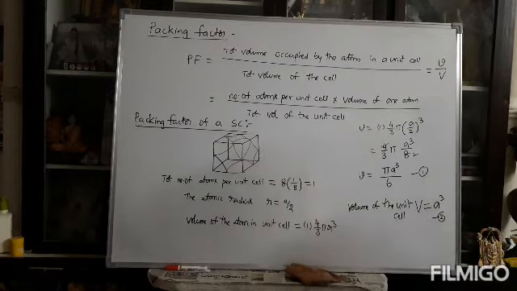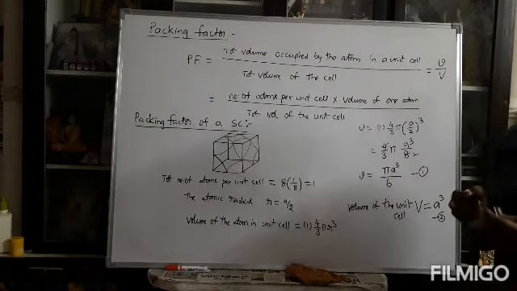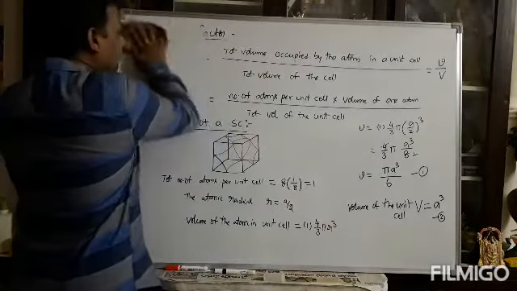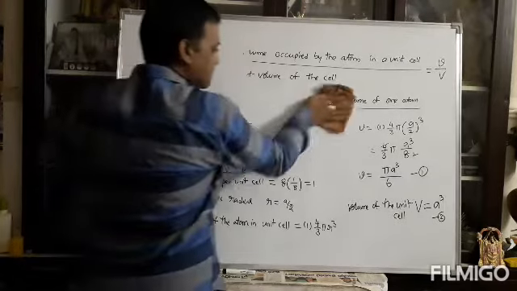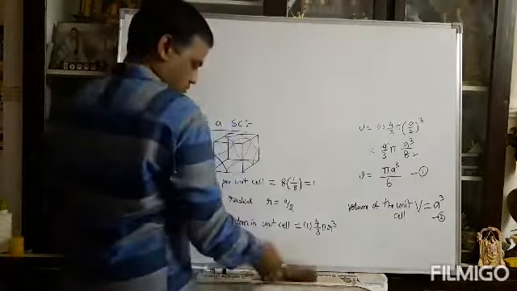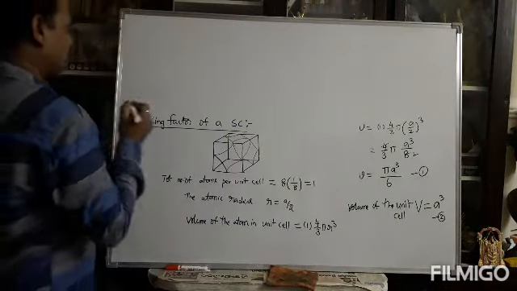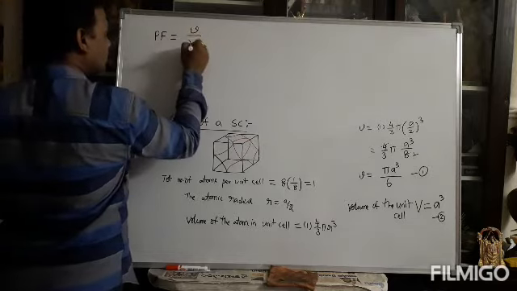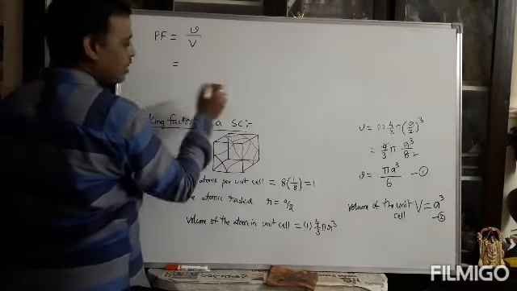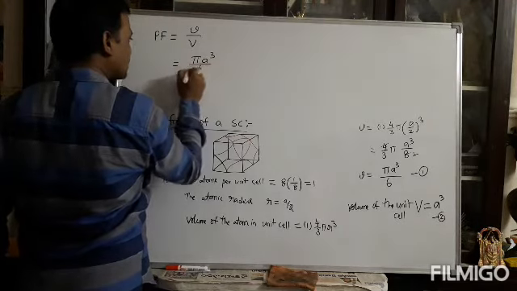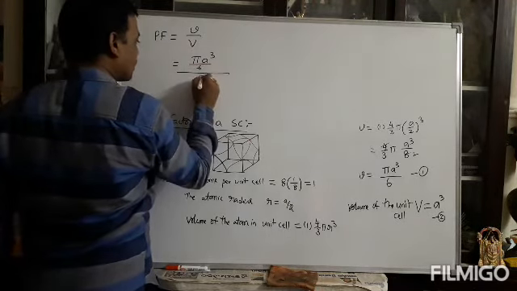These two values are substituted in the packing fraction, and you get the packing factor. Packing factor is equal to small v by capital V. Small v value is pi a cube by 6, whole divided by a cube.